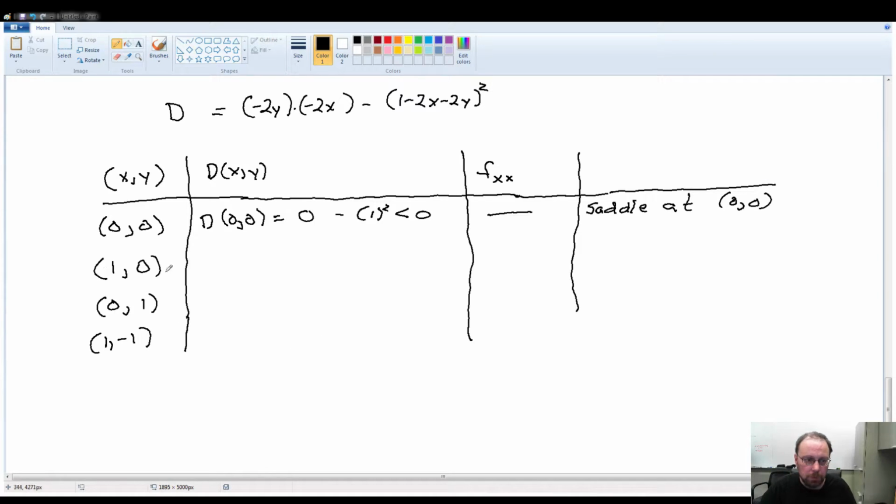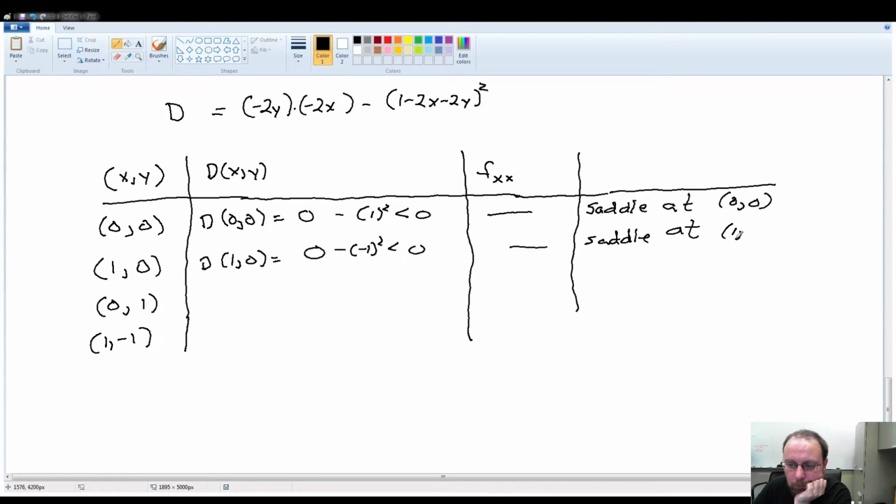Okay, so we go on. And it looks like all these are going to be saddles. And ditto for the next one, so I won't bother.